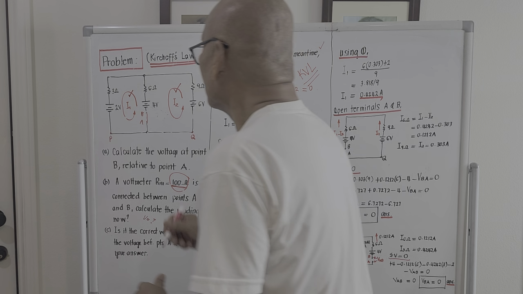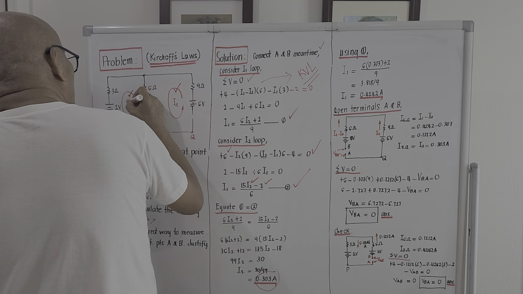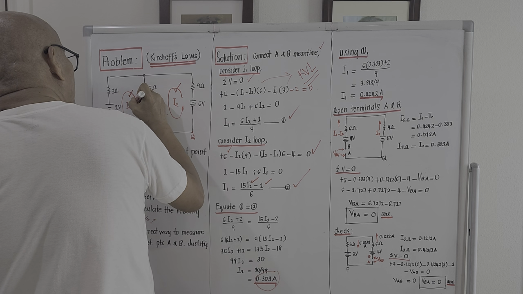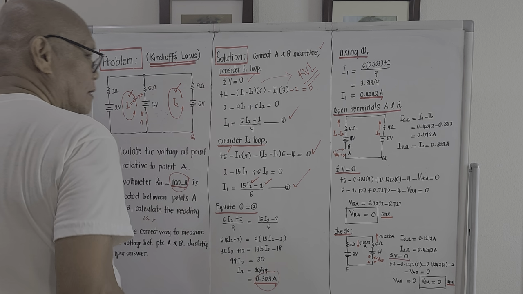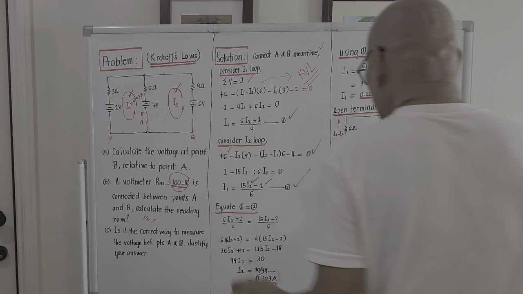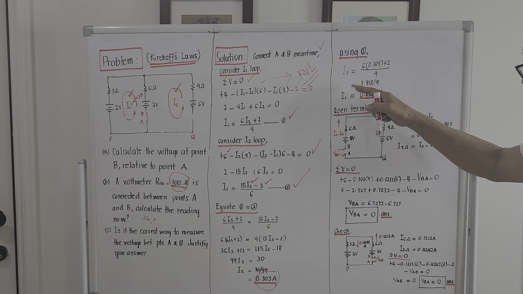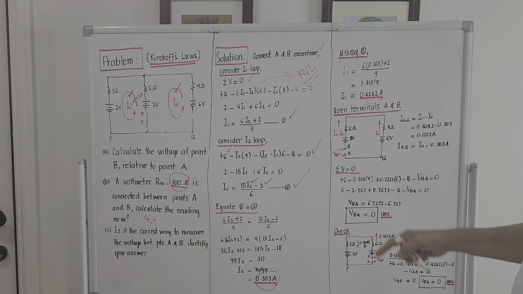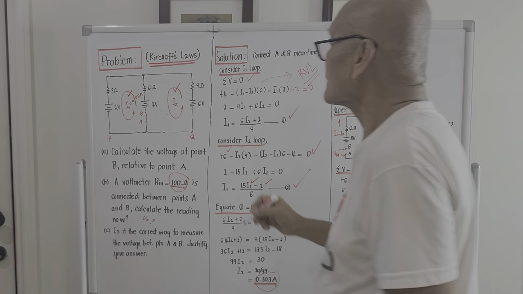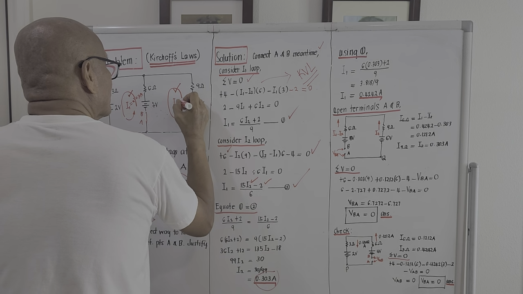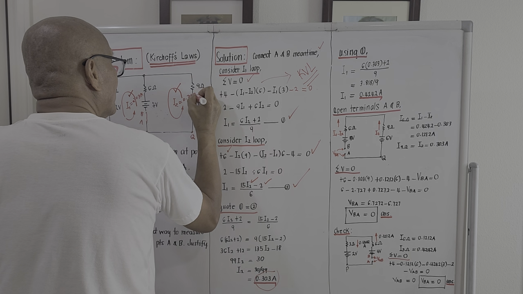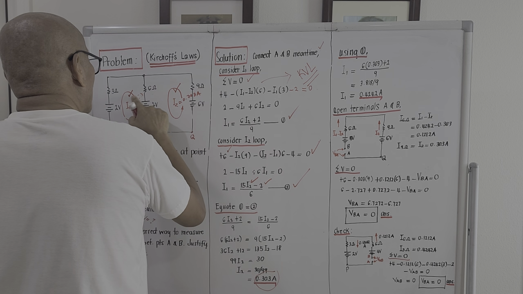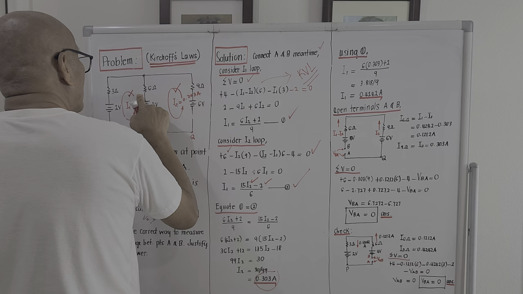So this I sub 1 here is 0.303 amperes. By using equation number 1, we could compute for I sub 1. Oh, that's I sub 2, right? Sorry for this one. This should be 0.303 amperes, not this one. That's I sub 1.